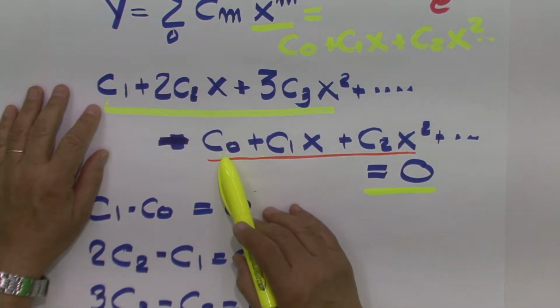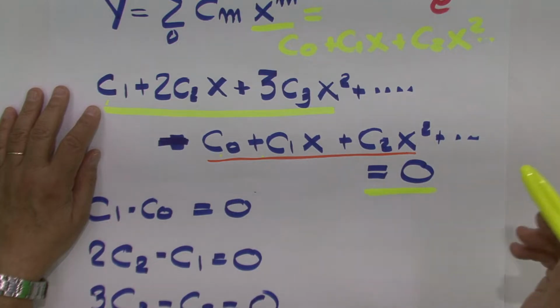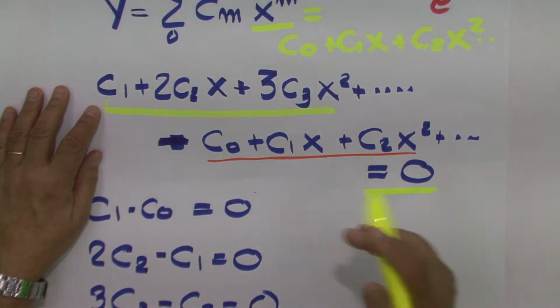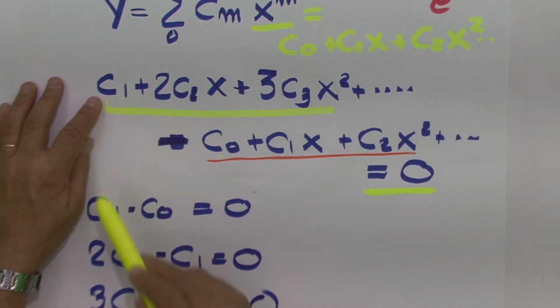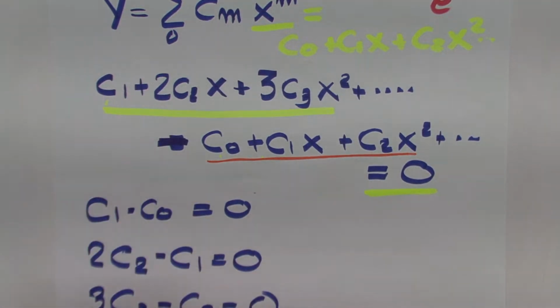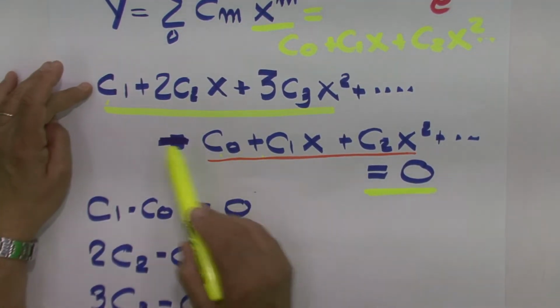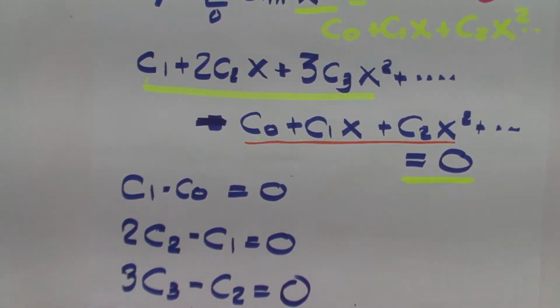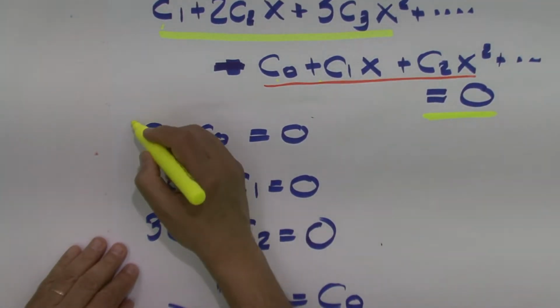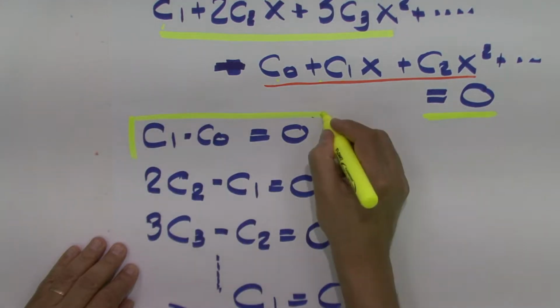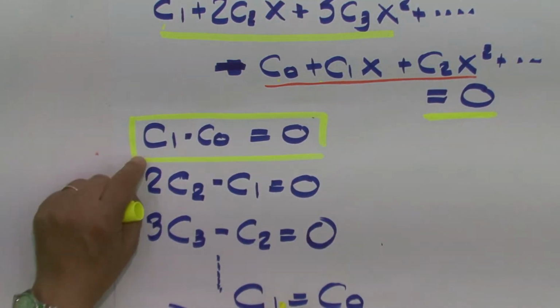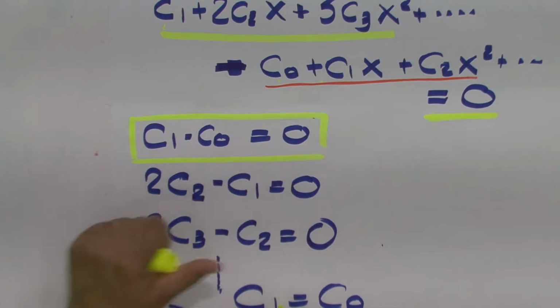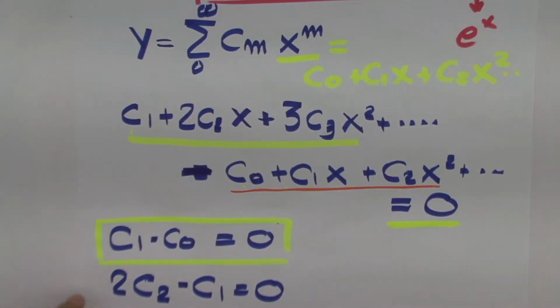So the independent term, the term that is x to the 0, with no x, is c1 minus c0. And c1 minus c0 on this side must be 0, because on the other side is 0. So I create the first equation: c1 minus c0 is equal to 0. Now let's see the first order.